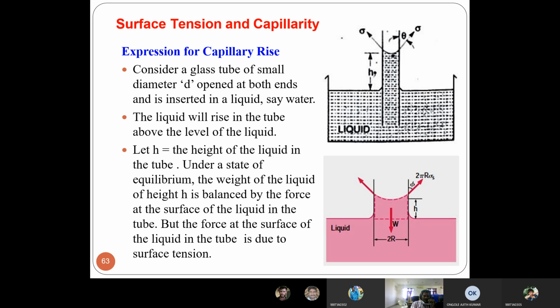Consider a glass tube of small diameter, open at both ends and inserted in a liquid. The liquid will rise in the tube above the level of the liquid. That h is the height of the liquid in the tube under a state of equilibrium. The weight of the liquid of height h is balanced by the force at the surface of the liquid in the tube.